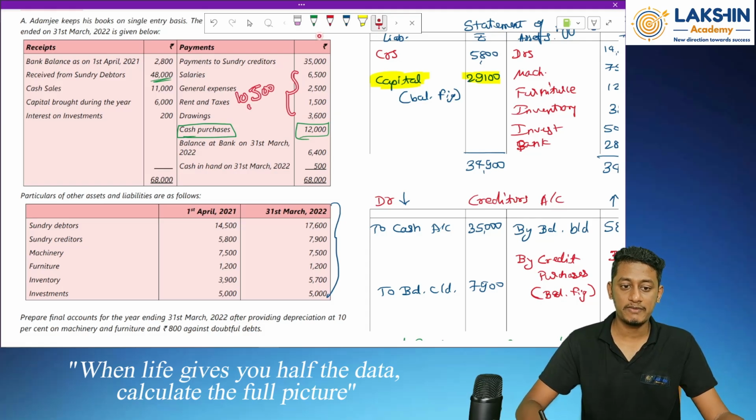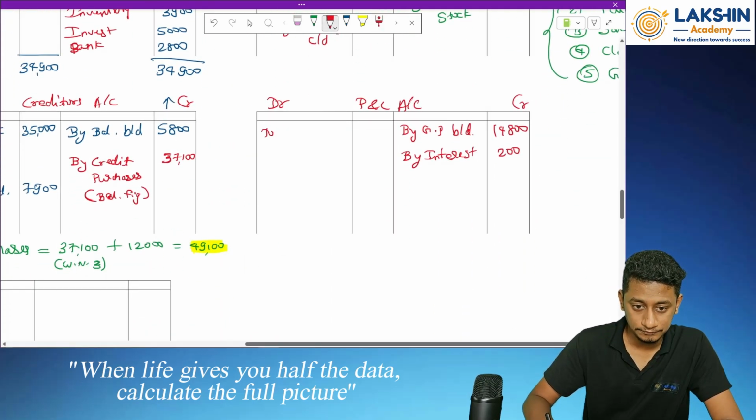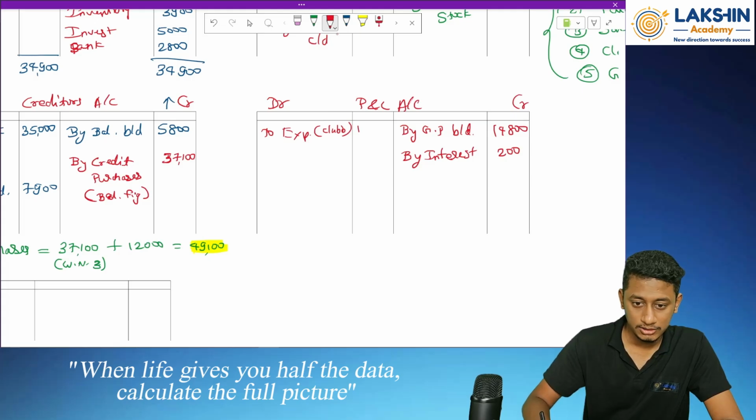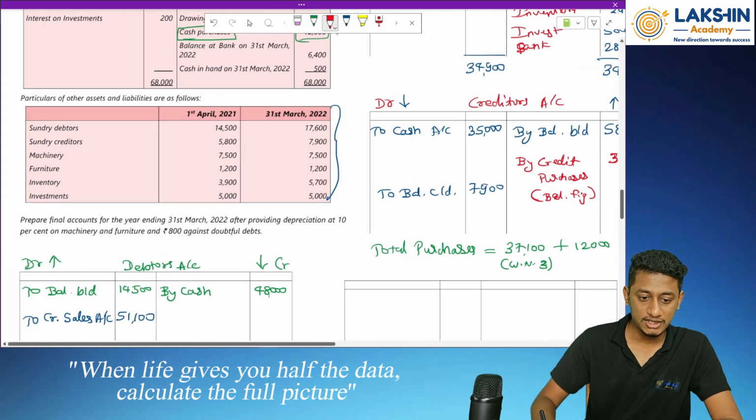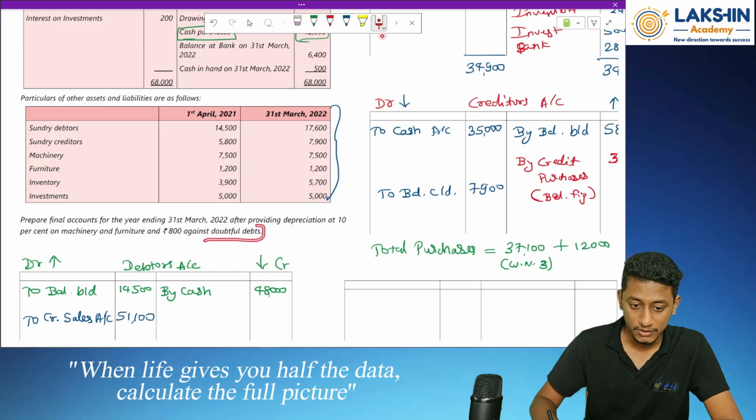So 10,500 expenses as per the cash account. So to expenses, clubbed, 10,500. Except this, what are other expenses that we have incurred? If you remember the question, we had depreciation and doubtful debts, right? A provision for doubtful debts is to be created and a provision for depreciation is to be created.